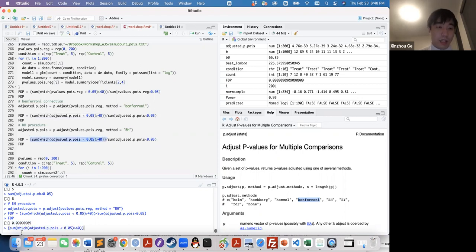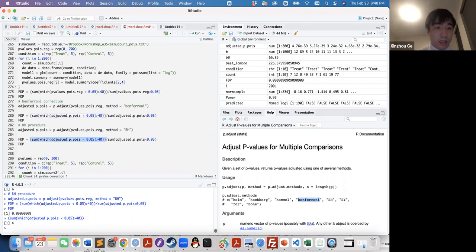So we can see the total number of discoveries. The total number of false discoveries is 4, and the total number of discoveries will be 44, I guess.